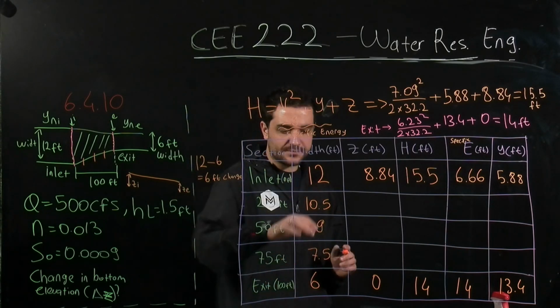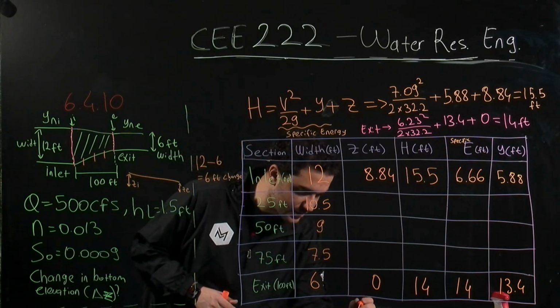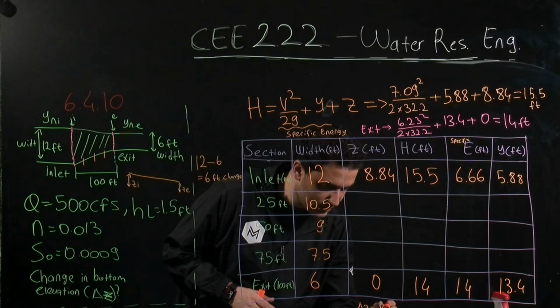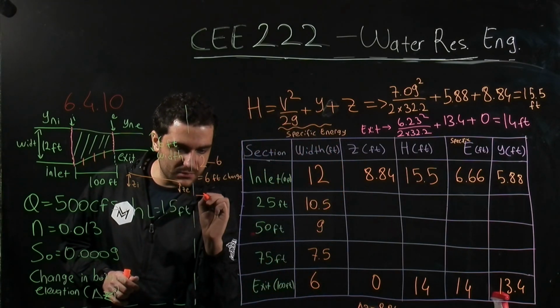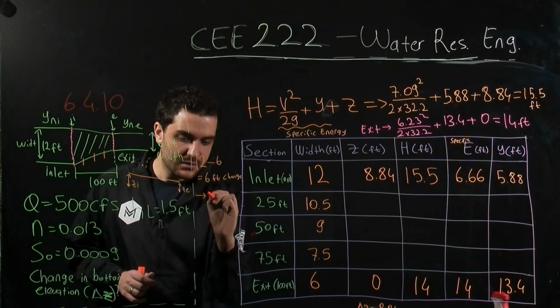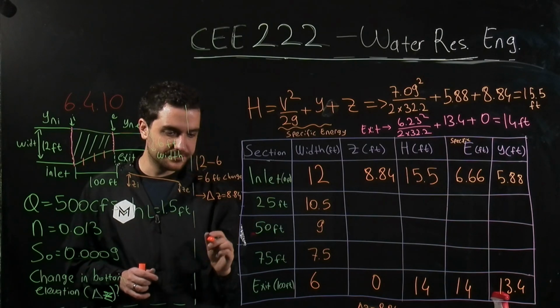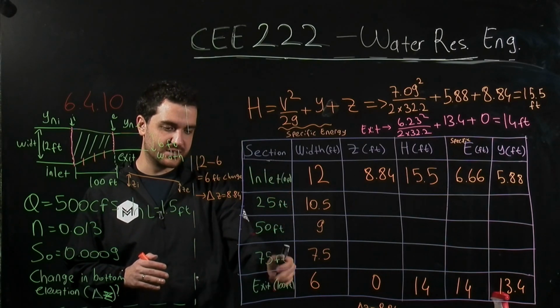Similar to this one, for the elevation, the change in the bottom elevation is 8.84, and we will see different changes from inlet to exit.